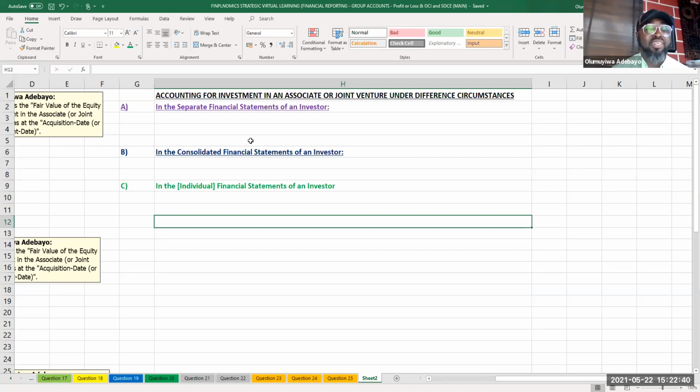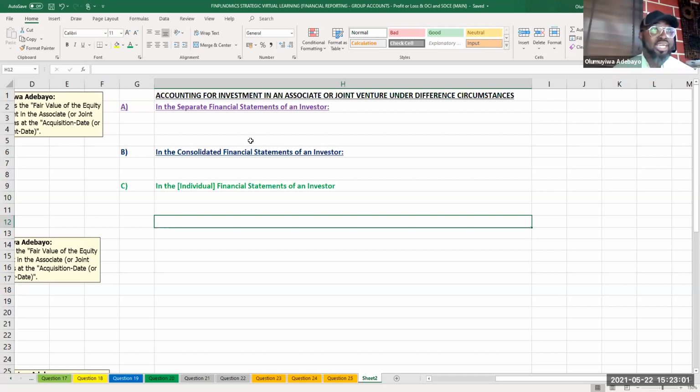Now, consolidated financial statement is a combined financial statement of the parent and all of the subsidiaries as if of a single entity. While individual financial statement deals with a company that is just standalone, is not a parent to any company, it's just on its own.